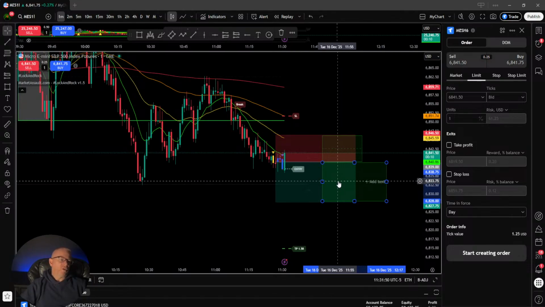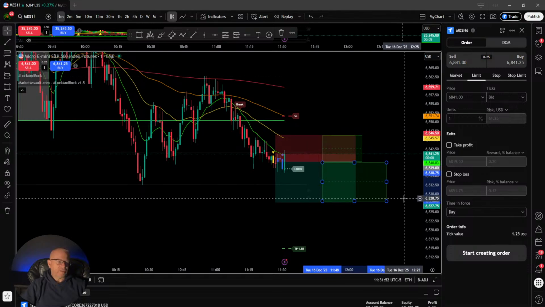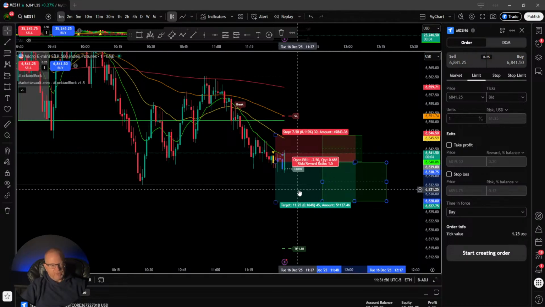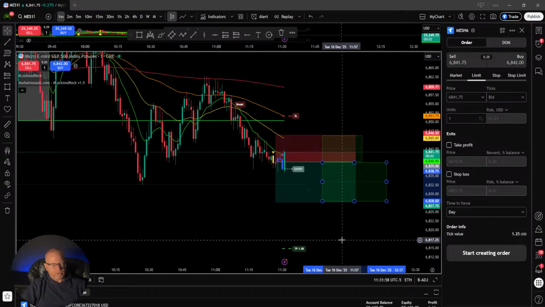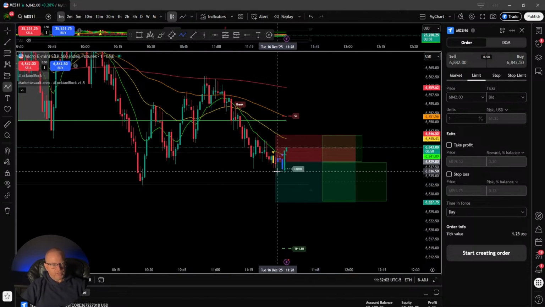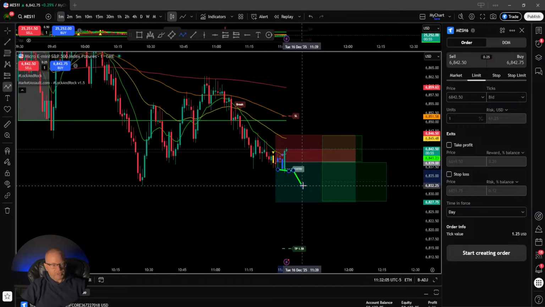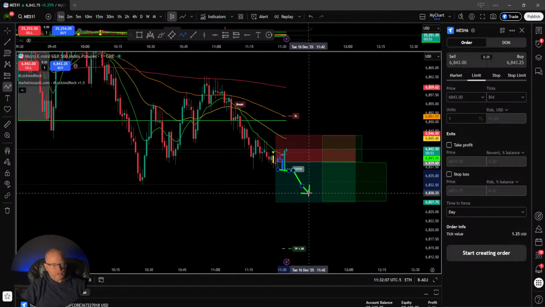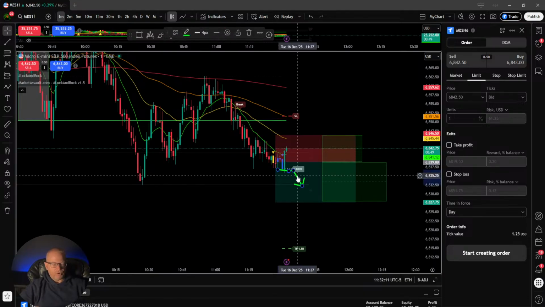When it would go halfway through, he'd set this to break even. Now, he lost a lot of trades because they would come back and wick them out and then continue to go down. But once it broke this level, he was locked into the trade. At least it's going to be a break even or a winner.